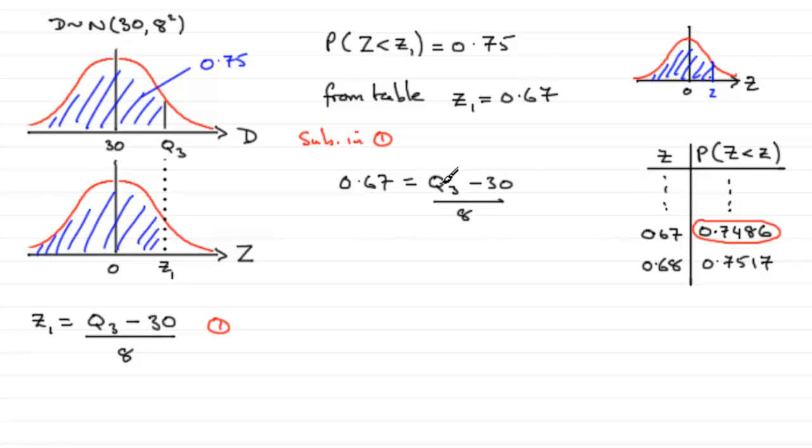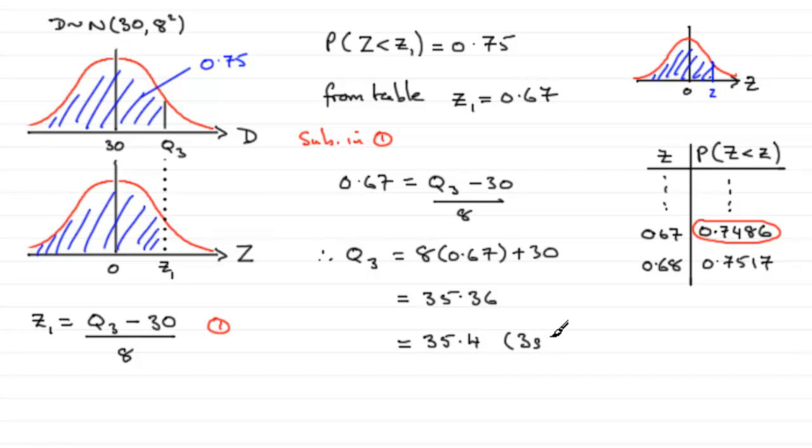And so all I need to get Q3 is just to rearrange this, and if I multiply both sides by 8 I get 8 multiplied by 0.67, and then just simply add the 30 afterwards. And if you work that out you end up with 35.36, which I'd round to say 3 significant figures or 1 decimal place, and that would be 35.4 to 3 significant figures.